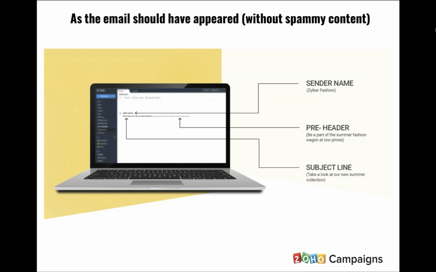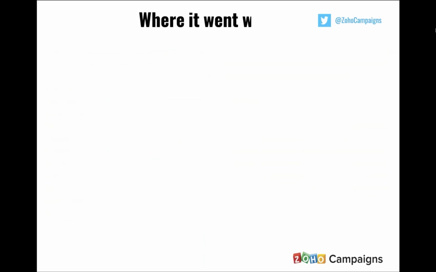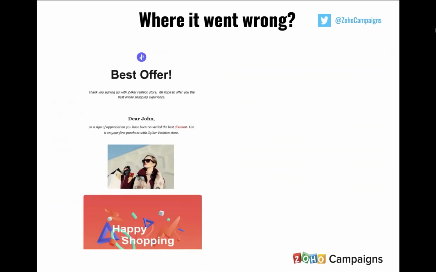Now let's take a look at the email template and see what could have been done better, what could have been corrected. Now, where it went wrong for Zilker Fashions. Zilker Fashion says that it's the best offer. As I said, the word best is at times considered to be a spammy word.